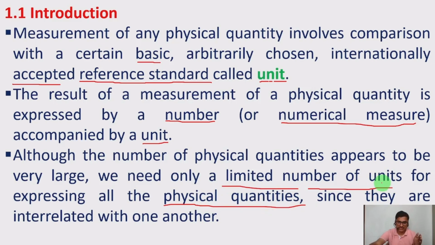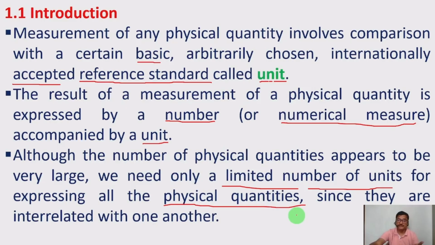They are interrelated with all other physical quantities, so that we can express them using the standard units we already have. Thus we can cover all the physical quantities in the world, since they are interrelated with one another. Take this example: 1 kg of grain, if we have the unit kg for grain, then the same unit we can take for other quantities also.